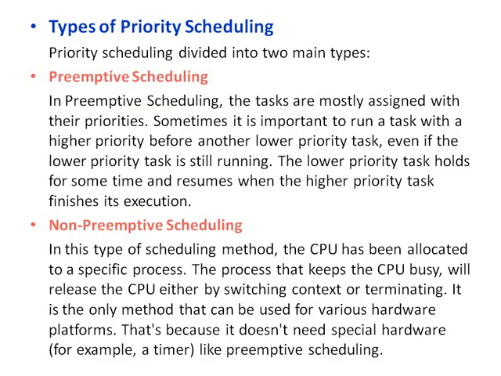But there are two types of priority scheduling. The first one is preemptive scheduling and the second one is non-preemptive scheduling. In preemptive scheduling, the tasks, that means processes, are mostly assigned their priorities.